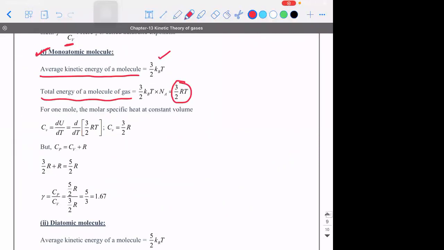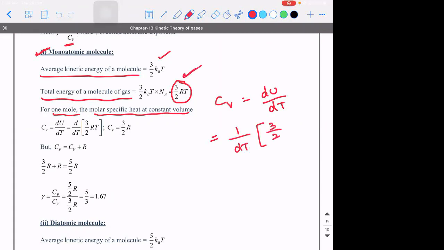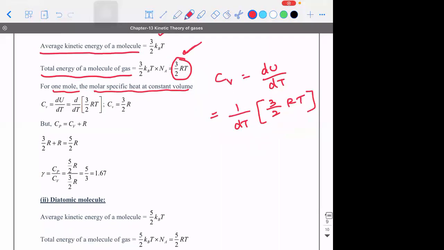Now, for 1 mole, the molar specific heat at constant volume, Cv, is defined as dU by dT, the derivative of the internal energy of the whole system, 3 by 2 RT. Differentiating, I get 3 by 2 R. So Cv is 3 by 2R.